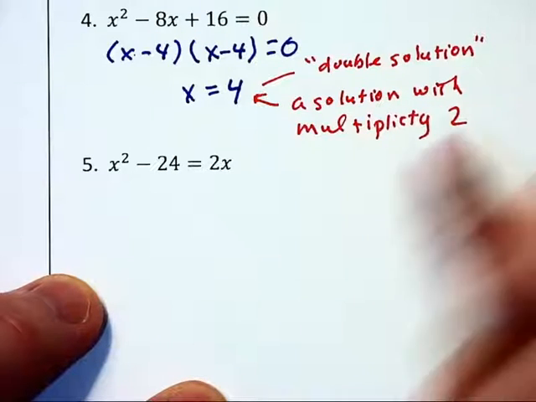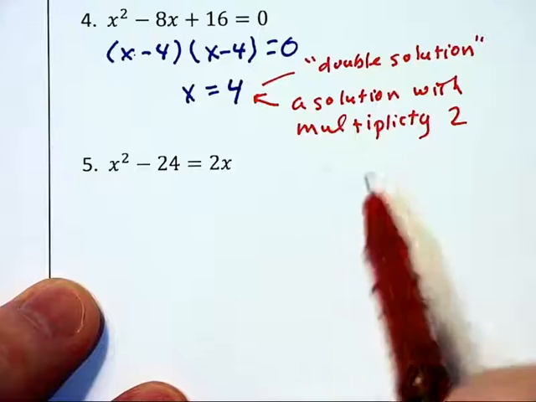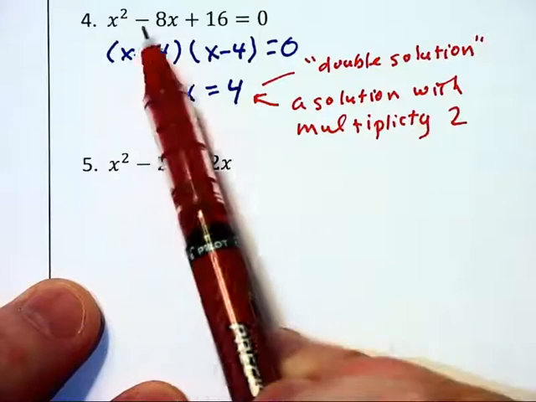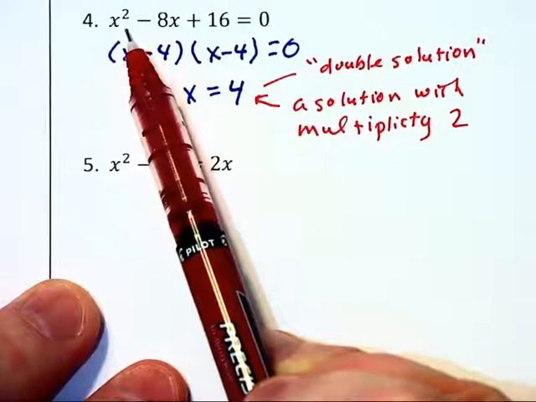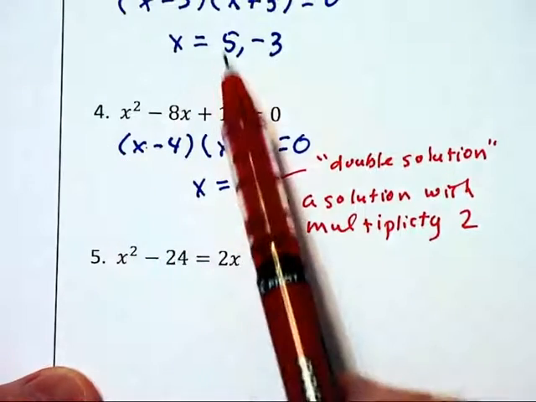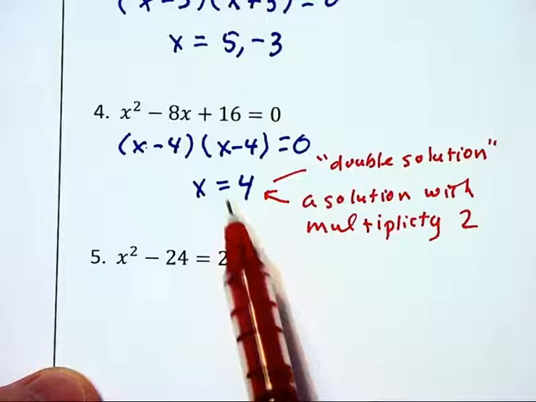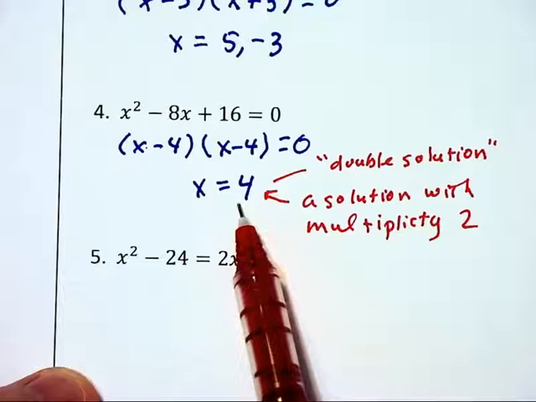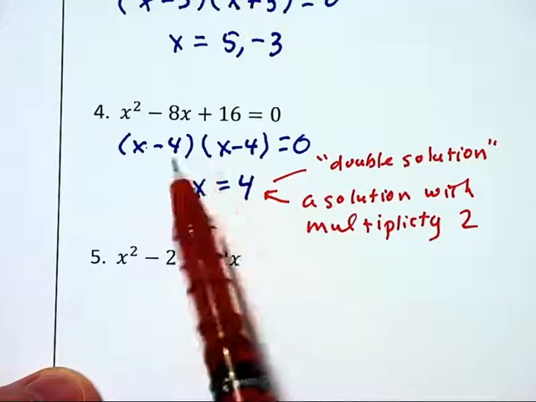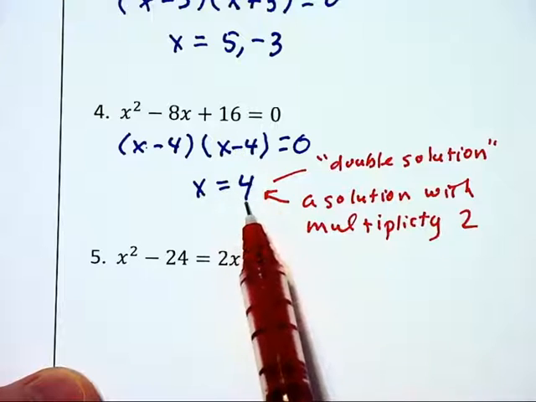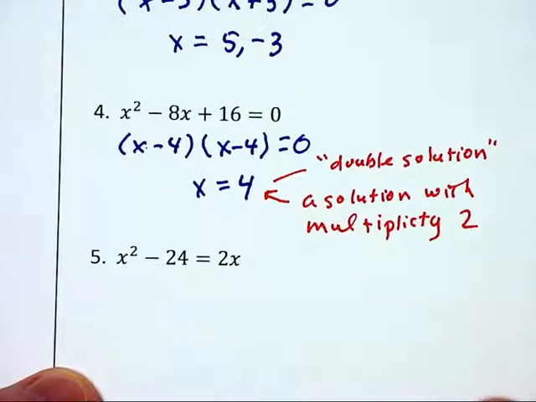It's kind of tempting to say multiplicity of 2, but it isn't, meaning it shows up twice. Normally quadratic equations have two solutions, as they do in previous problems. If there aren't two solutions, as we have here, there's got to be a reason why, and in this case it is because the one solution of x equals 4 shows up twice.